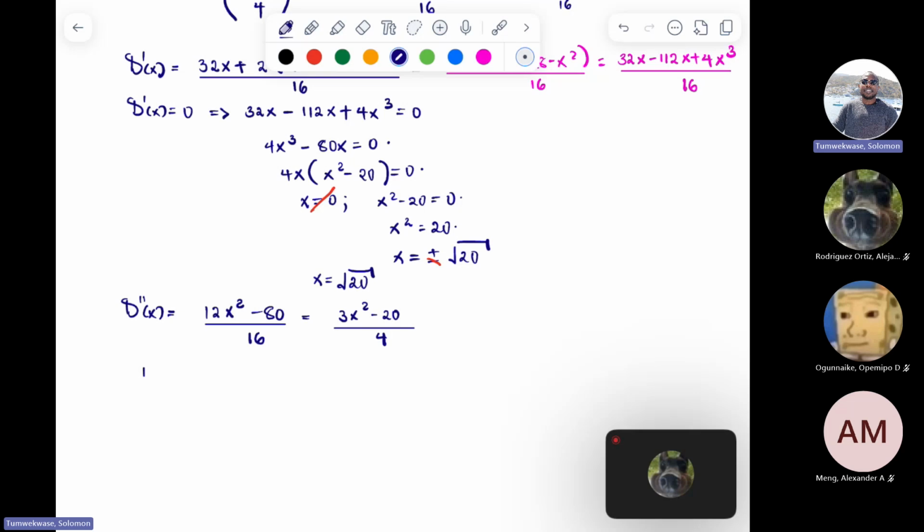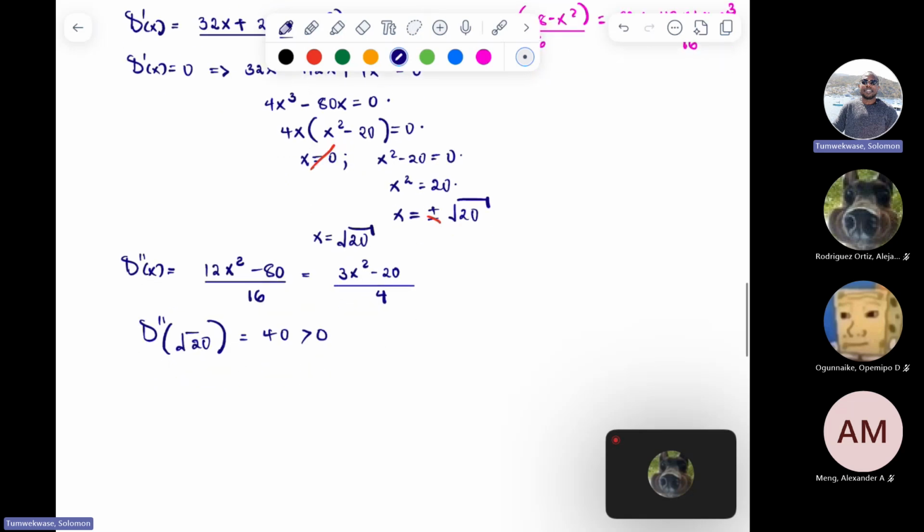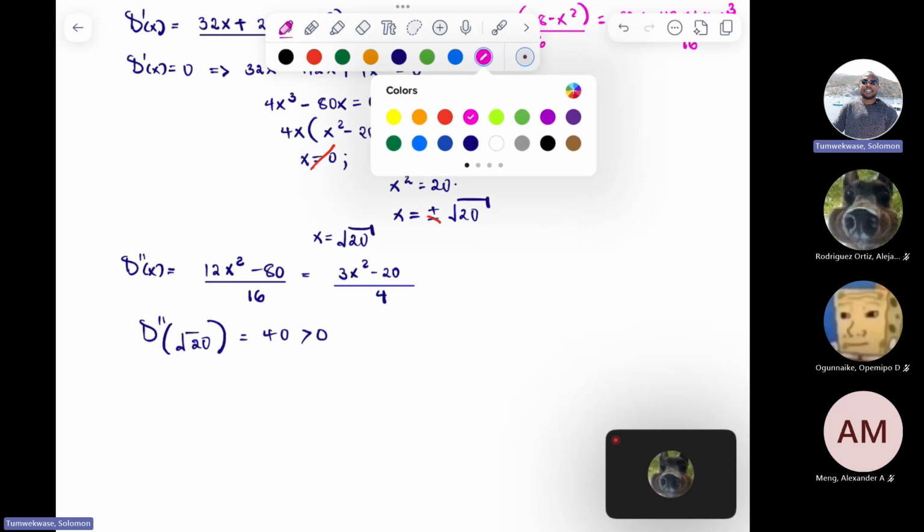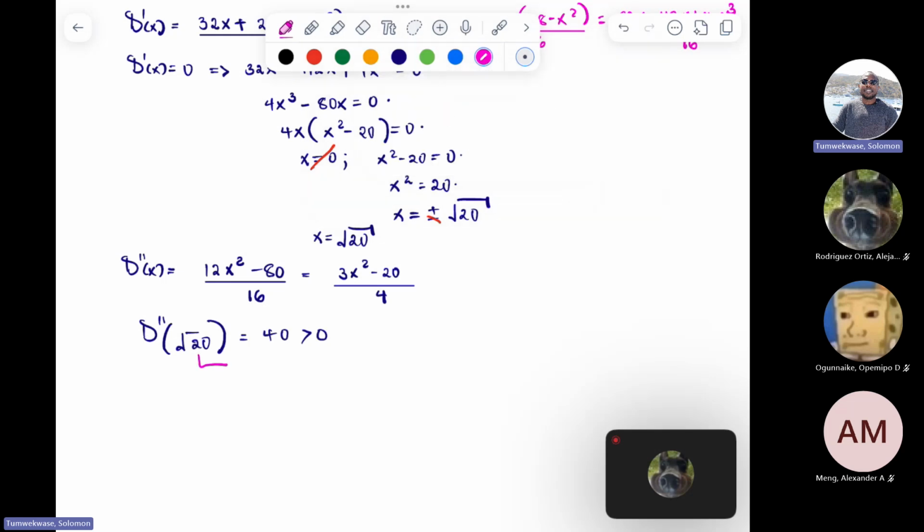So what I'm saying is that evaluated at square root of 20, we got a positive, and therefore we are saying that this point here is a minimum.